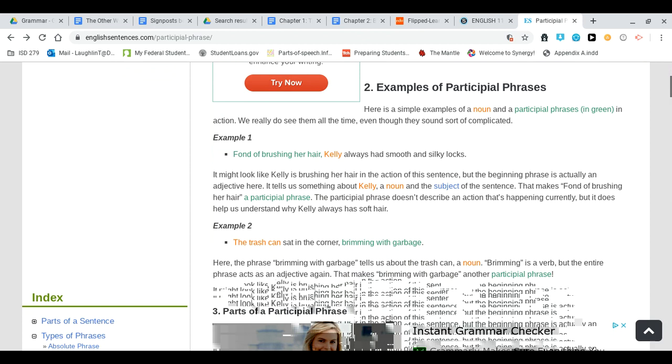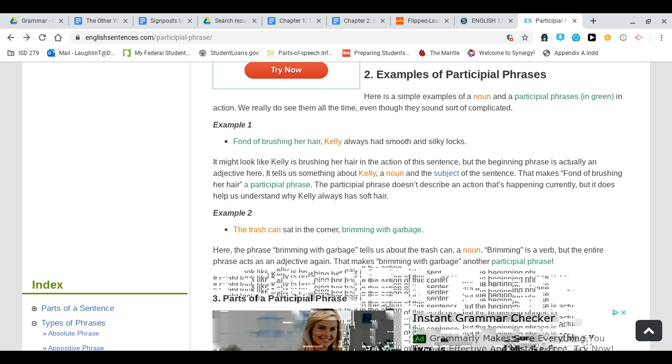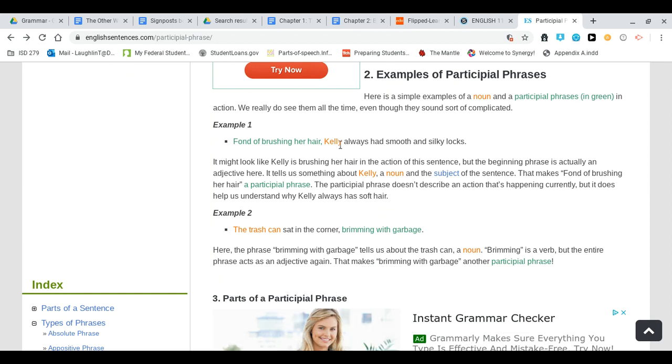So if we scroll down here and we look at the examples, the nouns are in orange and the participial phrases are in green. Okay, so the participial phrase right here is fond of brushing her hair. And notice, just like an appositive, it's separated from the independent clause by a comma. What you should notice too here is that fond of brushing her hair looks like a dependent clause.